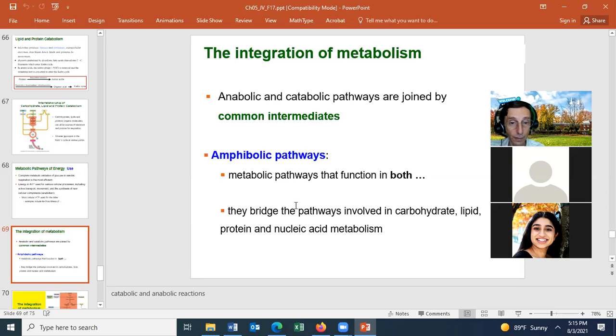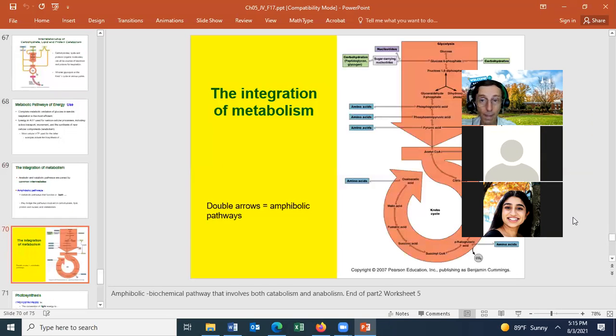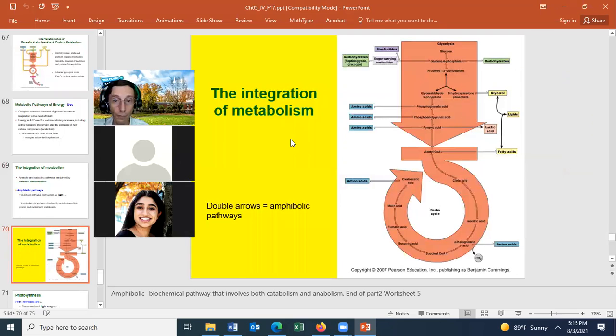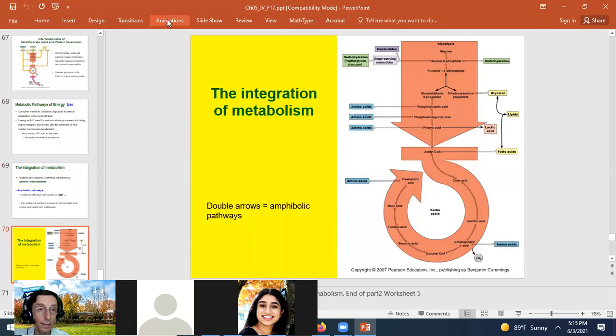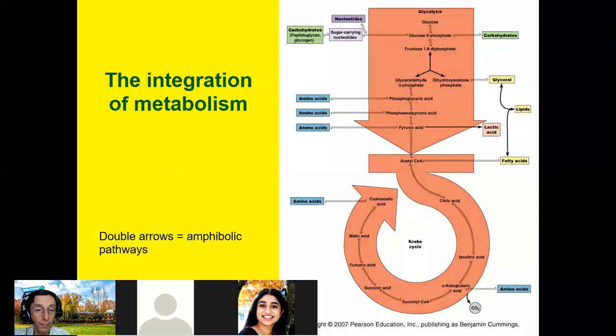Amphibolic pathways are a bridge between carbohydrate, lipid, protein, and nucleic acid metabolism. Wherever we have a double arrow, that means it's an amphibolic pathway, and the reaction can go either way.